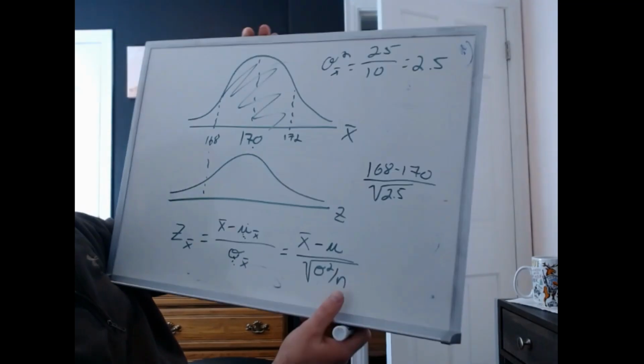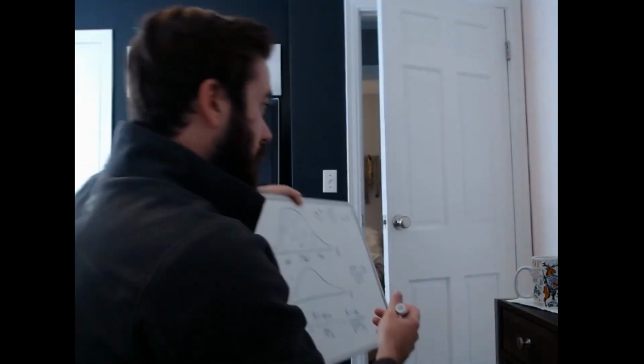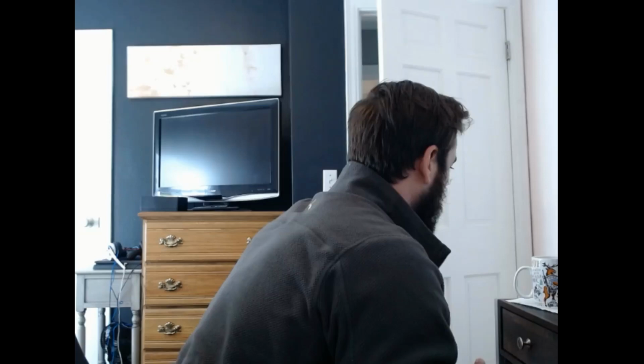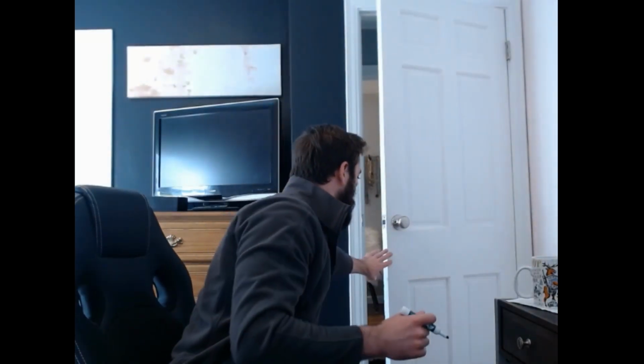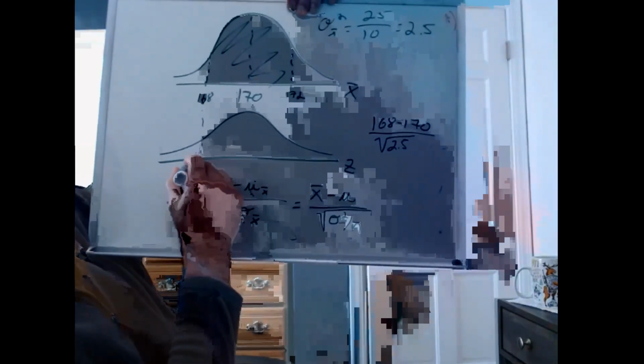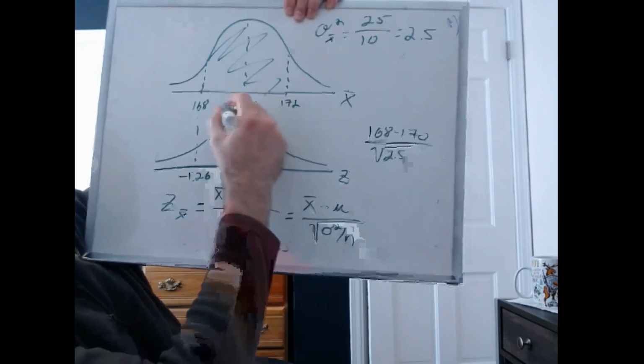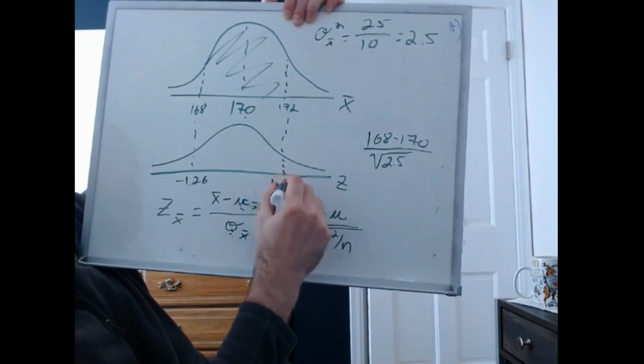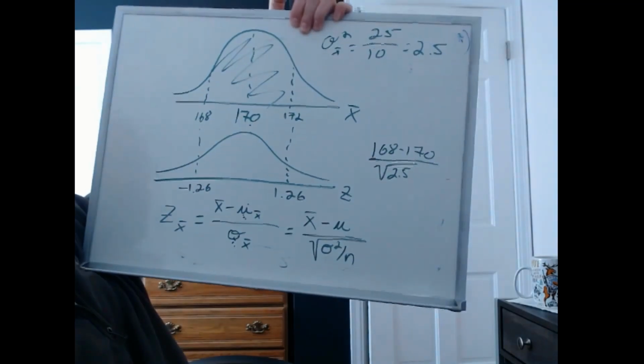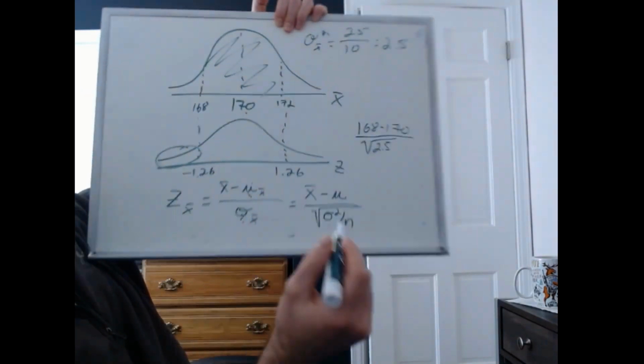Let me get my calculator. So we get negative 2 divided by the square root of 2.5, about negative 1.26. And this is the same distance away, so I know it's the same z-score but positive. So I look up the area to the left of negative 1.26.